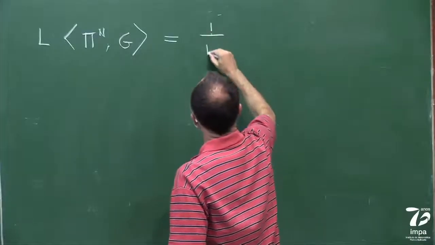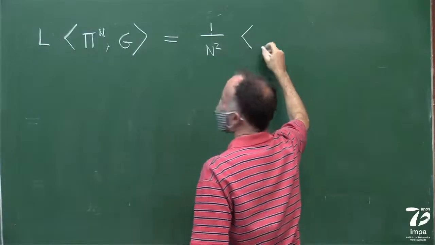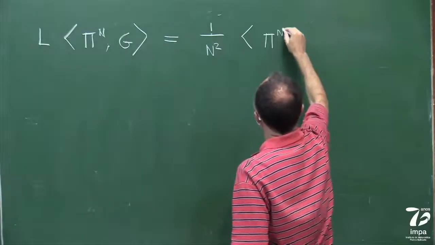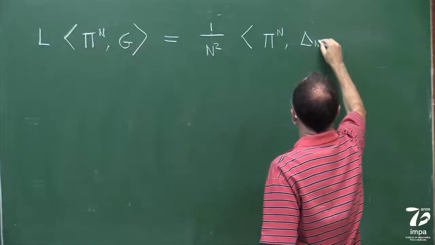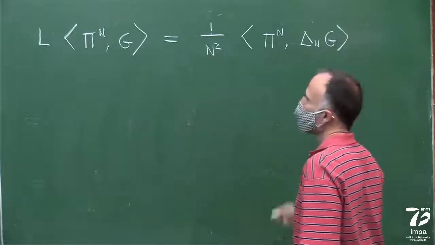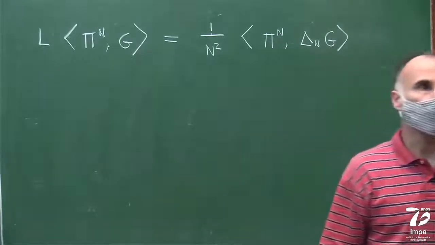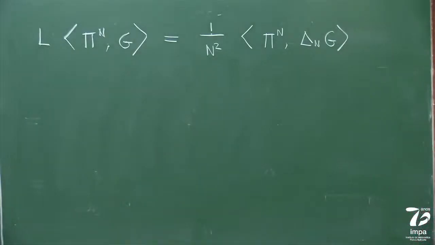So 1 over n square, then pi n, the discrete Laplacian of g. We just proved this identity.